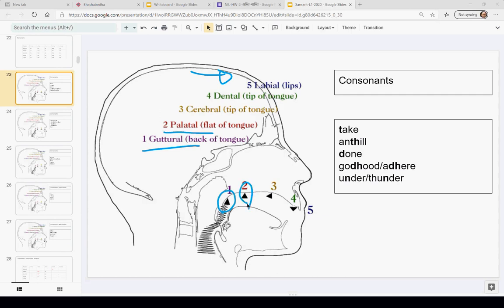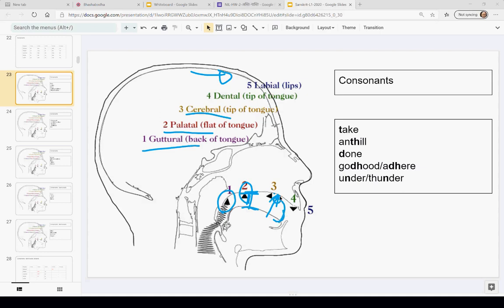And this cha, chha, ja, jha, nya, the next line have this second palatal position. Means what? The top of the tongue is touching the roof here. This is called palate. And then we have this is murdha here, cerebral. Number 3, the third line, ta, tha, da, dha, na, that needs this position.